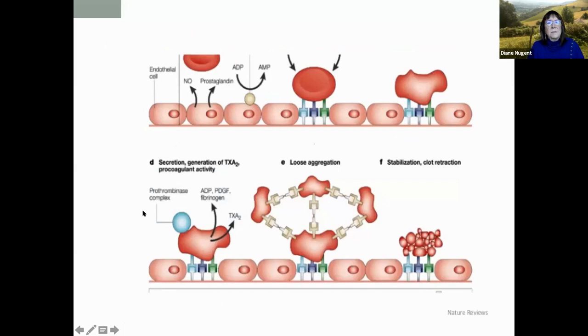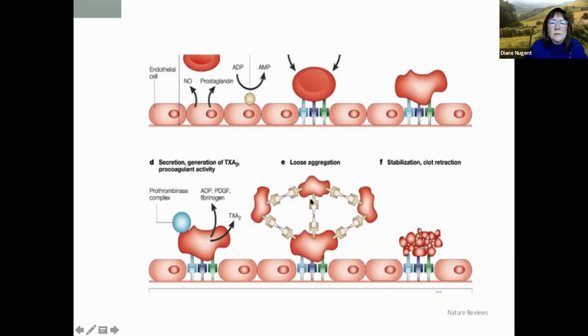I love this slide, except that the platelets look like red cells. And so these are actually platelets, and it shows that process again. Here's where the endothelium is trying to keep the platelets from sticking on the surface until there's breakdown and damage. The platelet then sticks, it activates, it releases all the substances that start bringing in the clotting proteins.